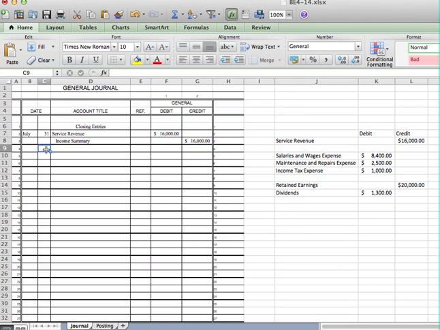Our next closing entry is to close our expense accounts into the income summary. Expenses have debit balances, so we need to credit them to make them equal to 0. I've taken the liberty to add these up, and the total of the expenses is $11,900.